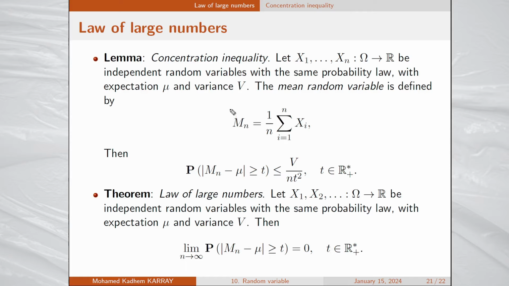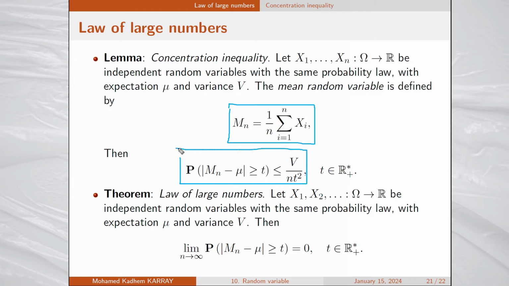Denote the mean random variable mn as 1 over n multiplied by the sum for i equals 1 to n of xi. Then the probability that this random variable mn minus mu exceeds t is smaller than the variance v divided by n times t squared.